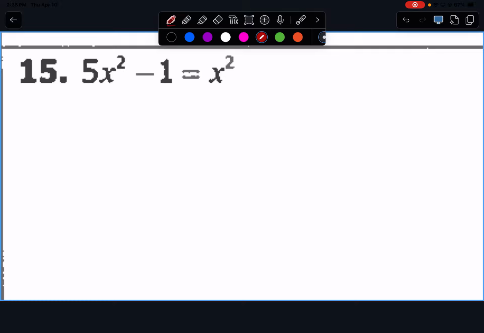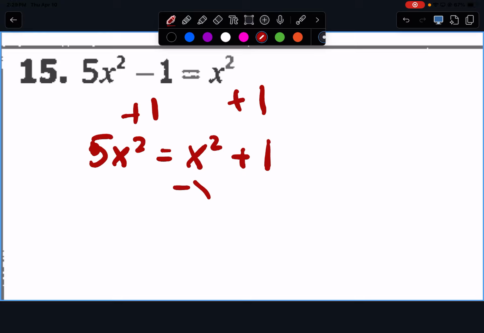All right, now. I dropped my pen. For this one, okay, what do I need to do? I can add 1 on both sides. Okay, that's an easy thing to do. Oh wait, can you subtract too? We can. So we got 5x squared equals x squared plus 1.